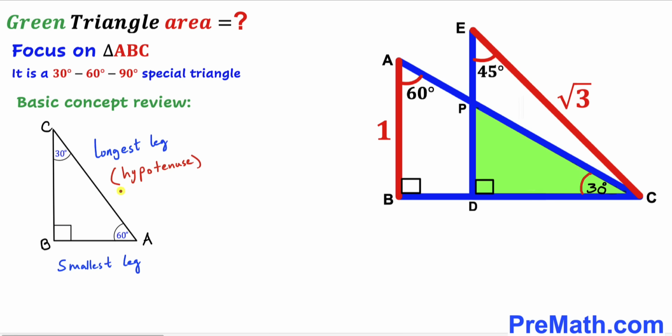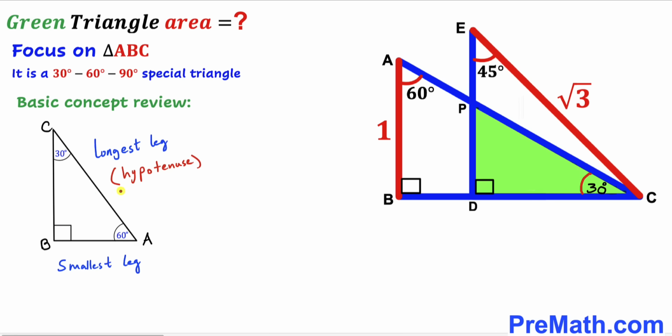In such a special triangle, the longest leg is always twice the smallest leg. In other words, if the smallest leg is 1 unit, then the longest leg has got to be 2, and the third leg is going to be square root of 3.